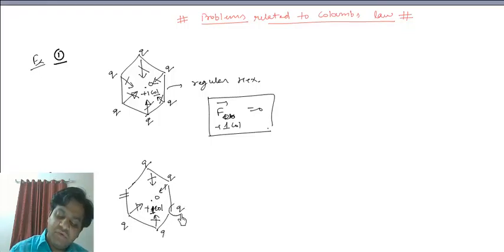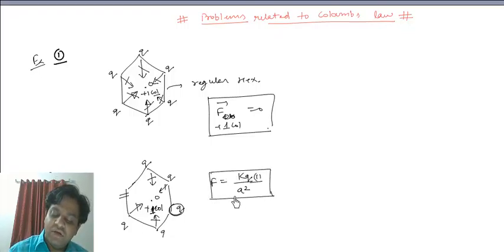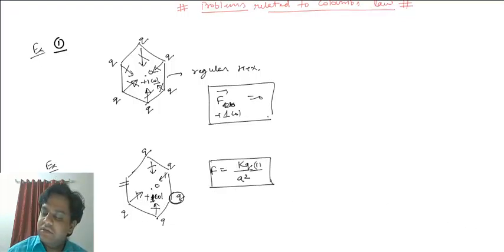Only the force due to this Q is not going to get cancelled because there is no charge at this point. So the force due to this charge Q will be the remaining force. So I can say that the force acting on this +1 is K Q1 Q2 upon distance square, which is A square. So this will be the force acting on the charge +1 kept at the center.